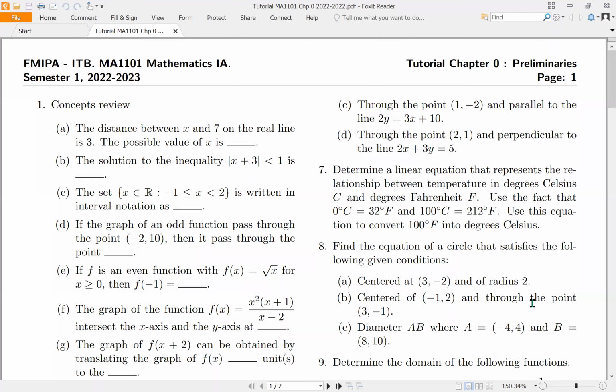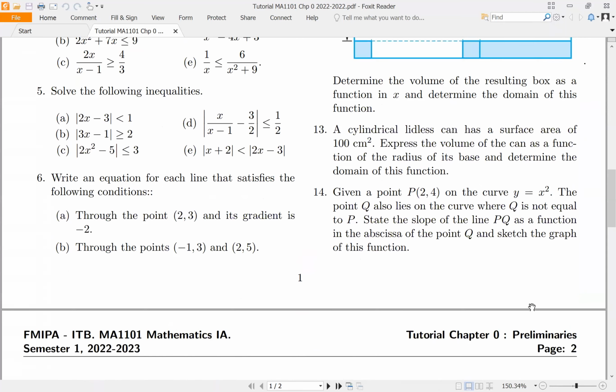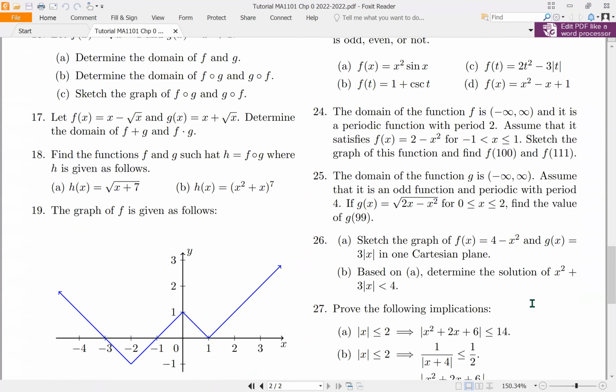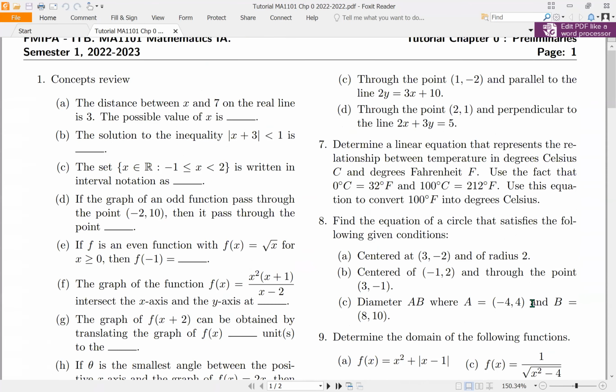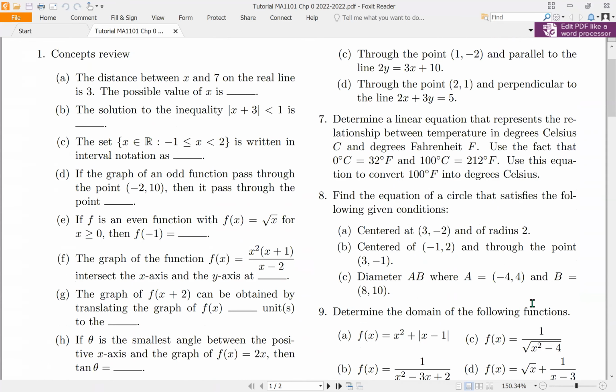So in this case, one of the possibilities for the Part A question is something similar to the concept review.